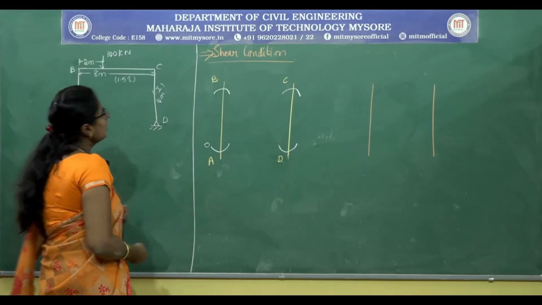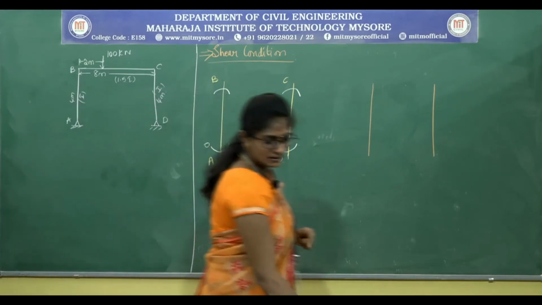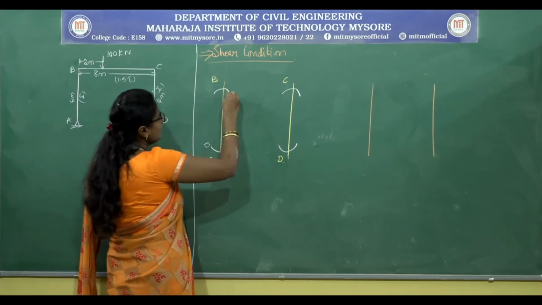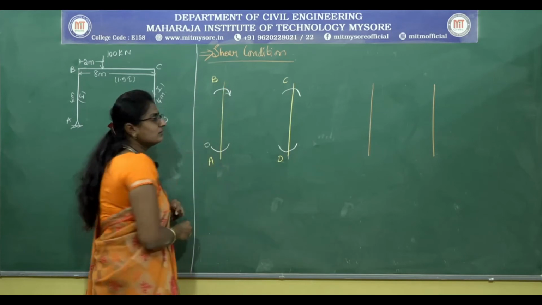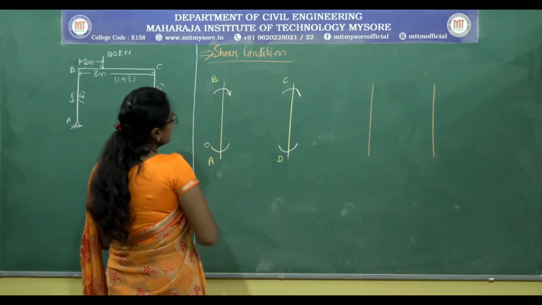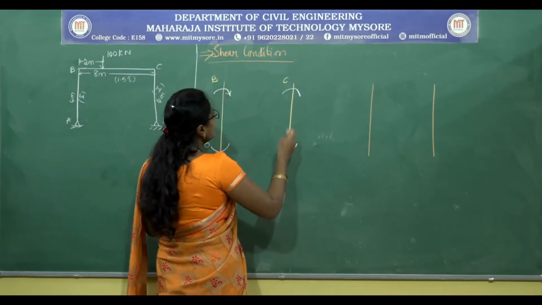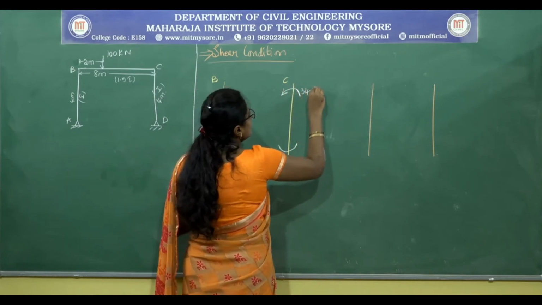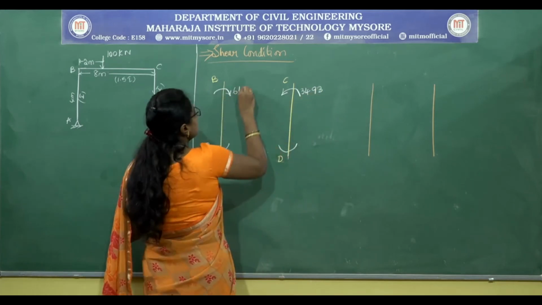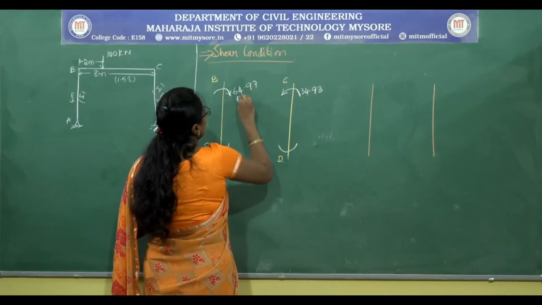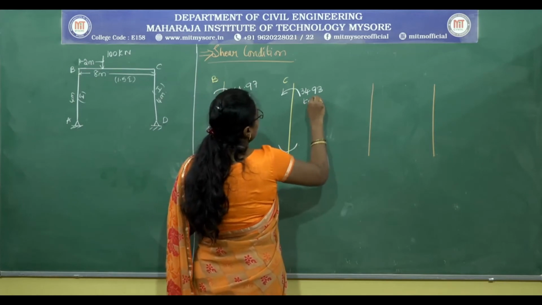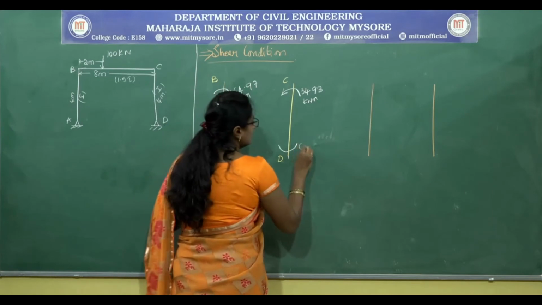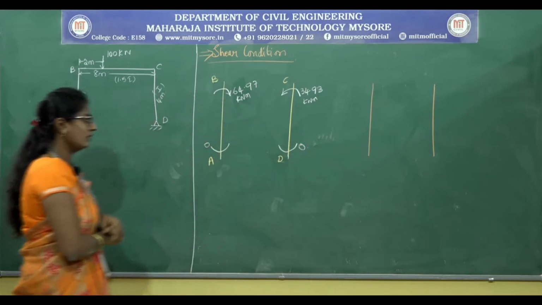Then for B, that is MBA, it is plus 64.97, that means 64.97 is acting in the clockwise direction. Then CD is the moment acting in the anti-clockwise direction, that is the value is 34.93, and plus 64.97 kilonewton meter. Again the final end moment at D, since it is hinged, is 0.